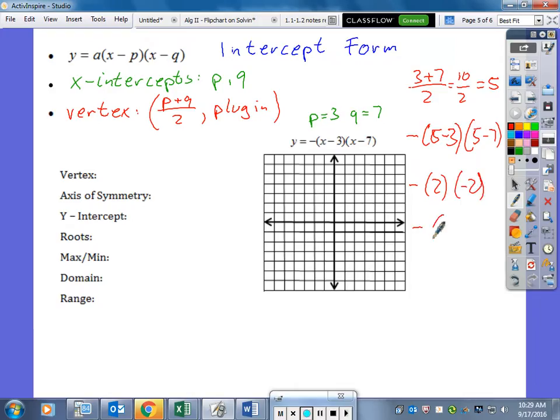In other words, negative 4, positive 4. And I apologize for my pen acting up here a little bit. So the vertex has the coordinates 5 and 4, which means that our axis of symmetry, x is equal to 5.